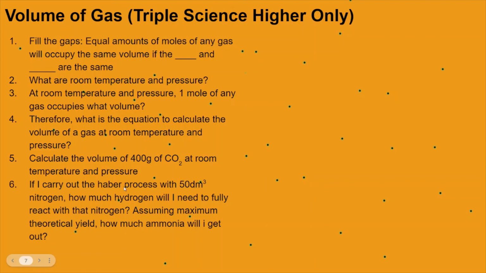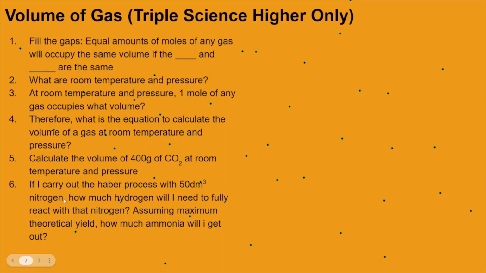Now we can also use this to find the volumes of different reactants and products in chemical equations. So we're going to draw on the Haber process once more. If I carry out the Haber process with 50 decimeters cubed of nitrogen, how much hydrogen will I need to fully react with that nitrogen?